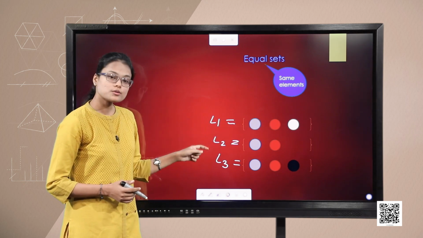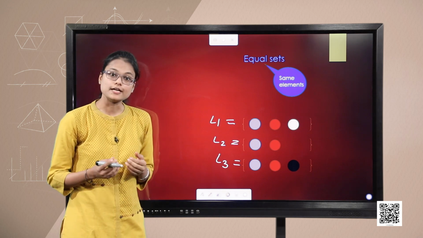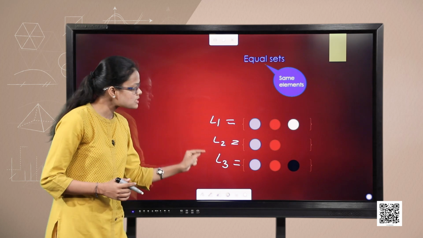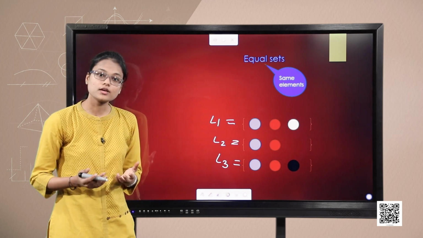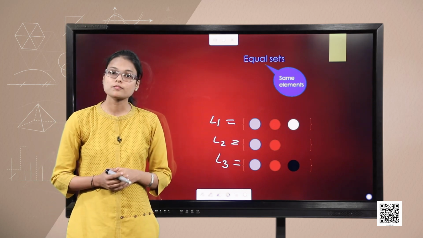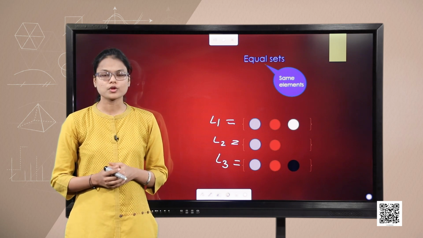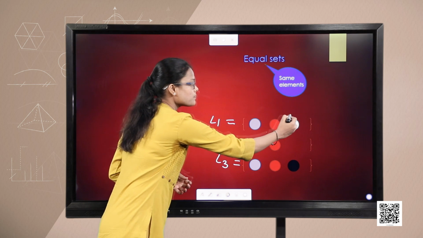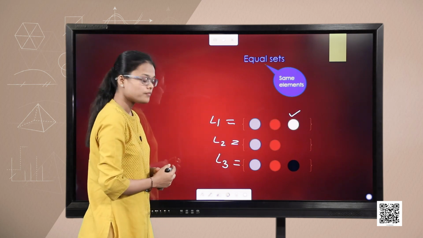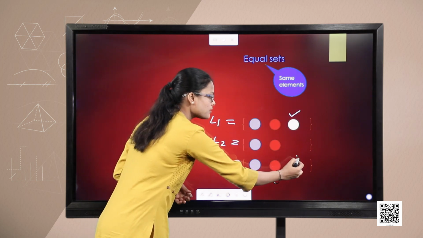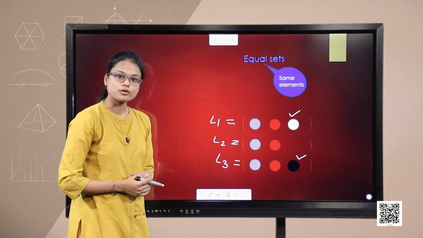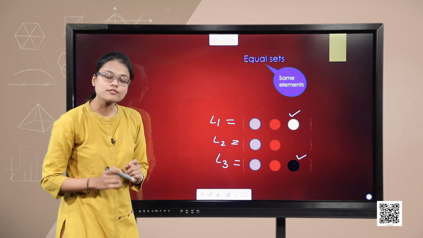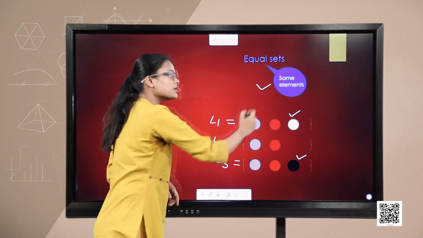So, L1 is not equal to L2 as they have different numbers of elements. Can I say now L1 is equal to L3 as they have the same number of elements? Again you will say no. Why? You can see L1 consists of a white ball and L3 consists of a black ball. L1 and L3 do not have the same elements.